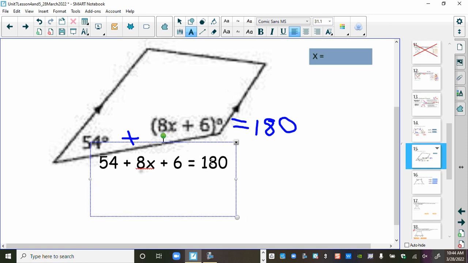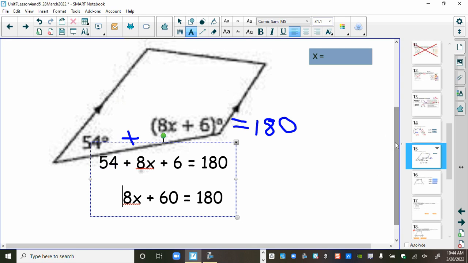All right. So really we have 8x plus 60 equals 180. Don't you mean 60? Yes, I do. And then I want you all to find x.